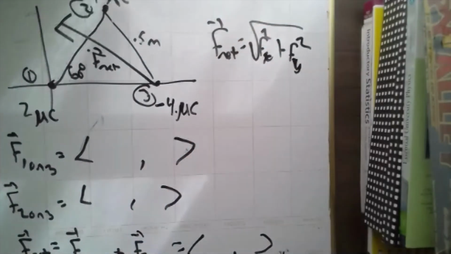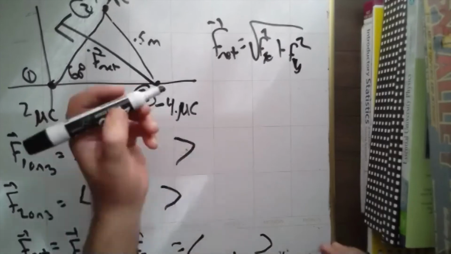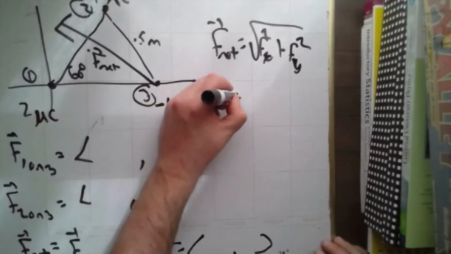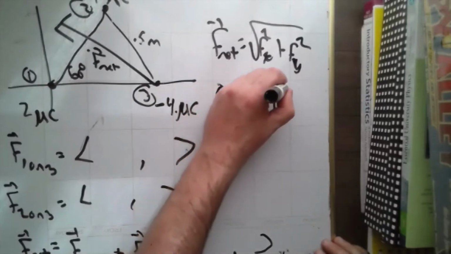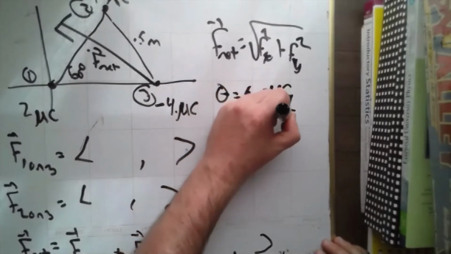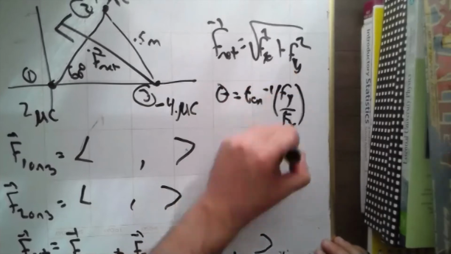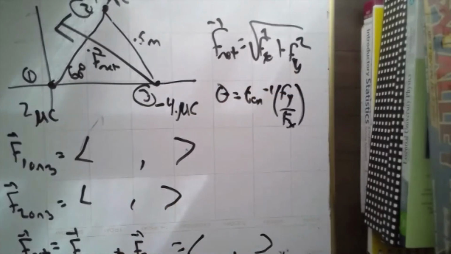And then the direction, a lot of times people just want to do this. Theta is the arctangent of y over x. That will not give you the right answer. In fact, that'll give you a negative angle.